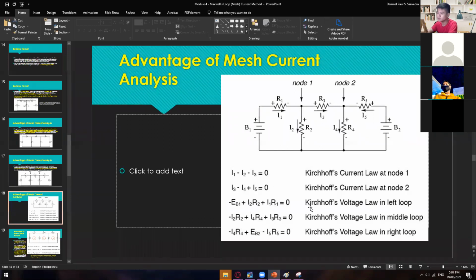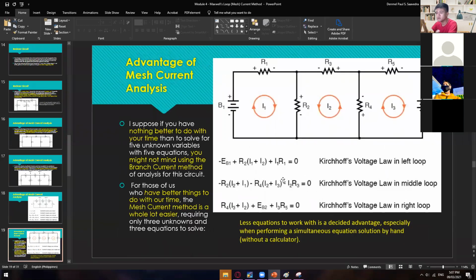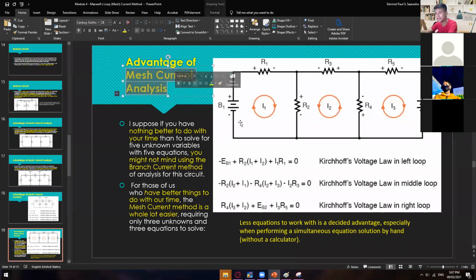I'll leave the analysis part to you guys, since it's already in here. We have here node 1, node 2, the loop for the left one, the loop for the middle one, and the loop for the third one. However, if you are going to use mesh current analysis, you will only arrive with 3 equations.